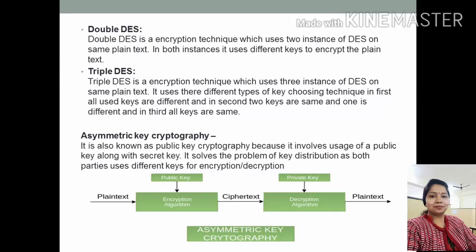Again we can see here that after the encryption algorithm we are getting ciphertext. This ciphertext is used for the purpose of decryption, getting plain text. Okay.